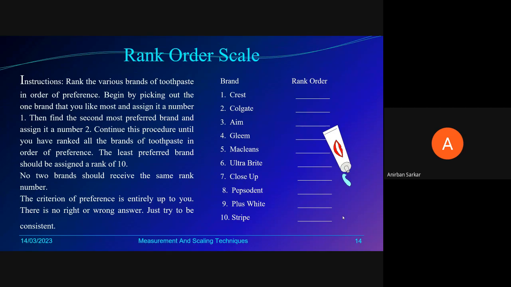So the least preferred will get 10 and the most preferred will get 1, and you fill up these columns. So this will be called rank order scale. When you have completed this, what sort of scale will it be? What sort of data will it be? Ordinal data. Yeah, perfect. It will be ordinal data.